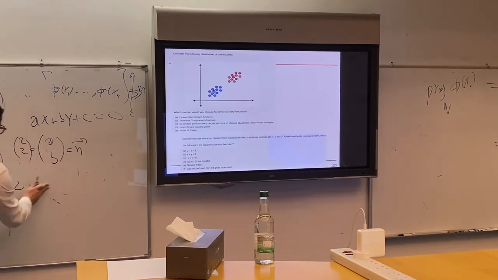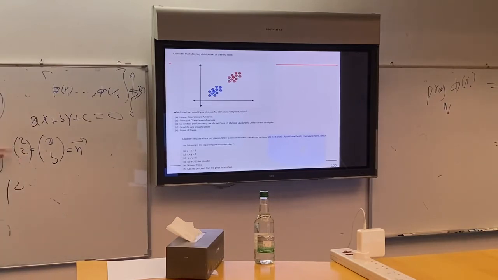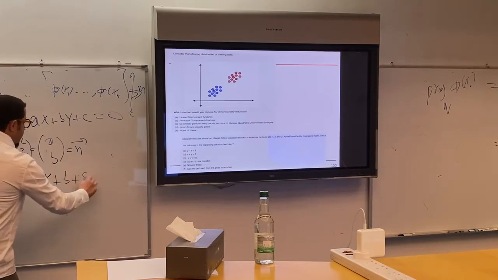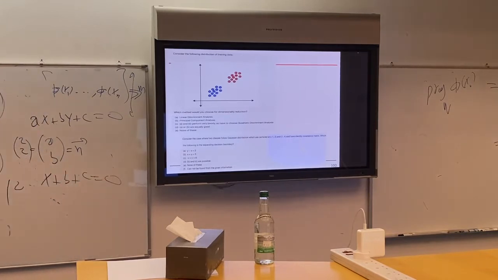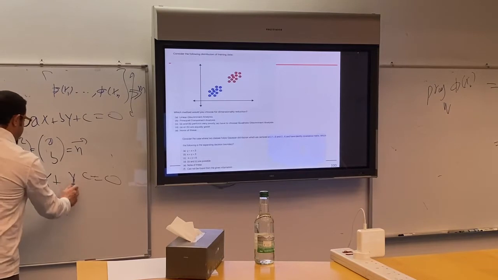So we go back here. We are looking for the direction. I can put 2, 2 or 3, 3 or 1, 1, it doesn't matter. So it will be x plus y plus c equals 0. It just goes through 0 and 3. If x is 0, and y is 3, what is c here, please?